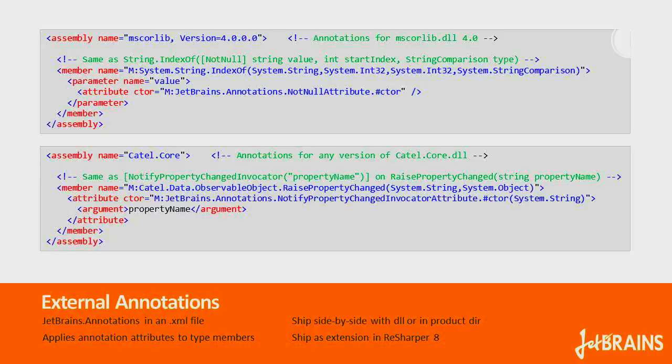So an external annotations file puts all of these annotations, these attributes which would be applied in your source code, into an external XML file. They either ship in the product installed with ReSharper itself, they can ship side by side with the DLL, or you can actually ship them now as an extension in ReSharper 8, and I'll show you how to do that in a minute.